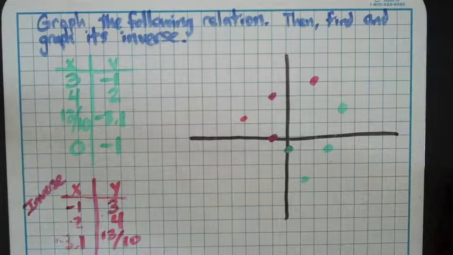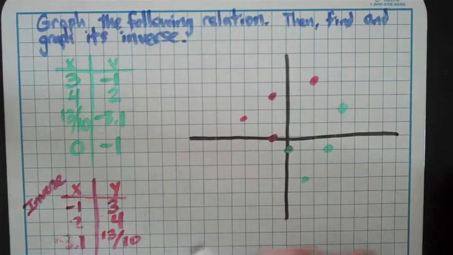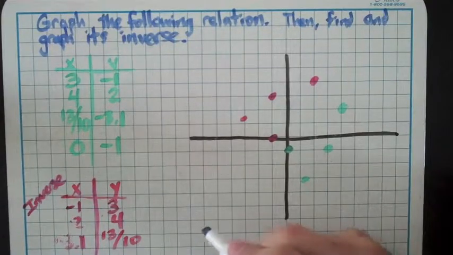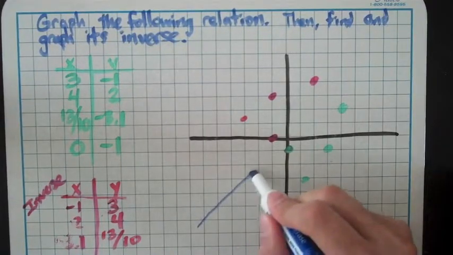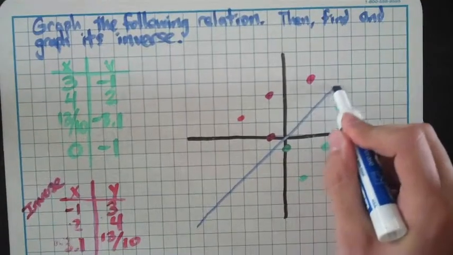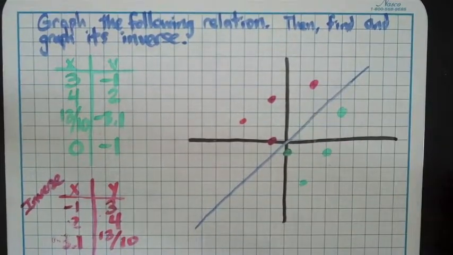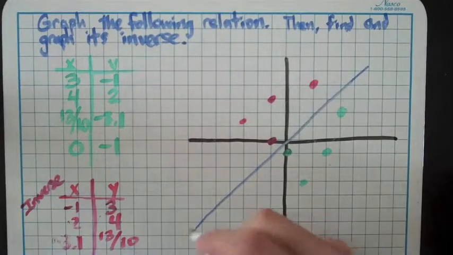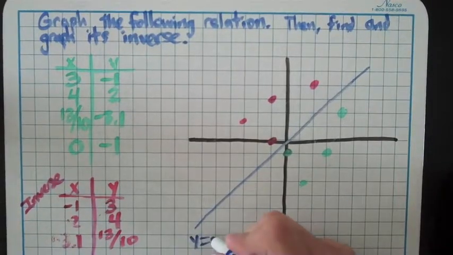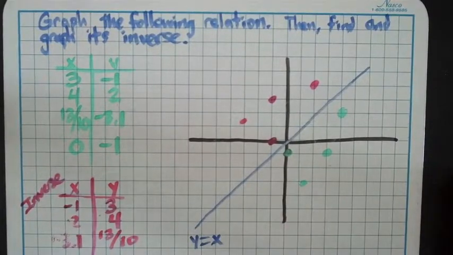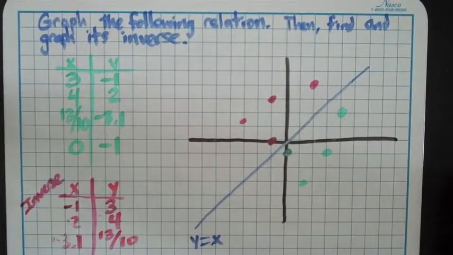I graph them both. Now, some of you guys at this point may have seen kind of a neat pattern with our points of the original and the inverse. I'm going to go ahead and draw in a diagonal line right here. Just like this. But if I draw my diagonal line like this, this is actually the line y equals x, which again we'll get into later in the year, but if you remember from your Algebra 1 days, that's how you write the equation of that line right there.